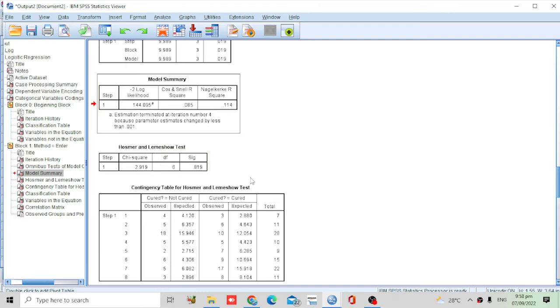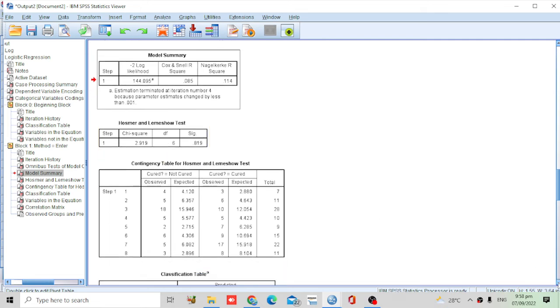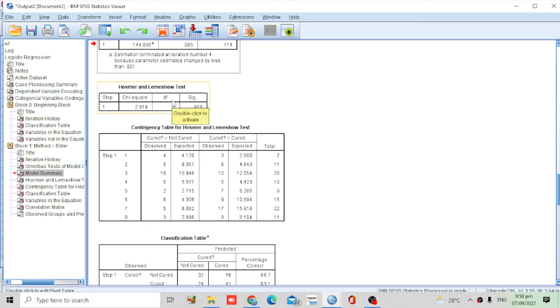So it's not bad. Maganda na siya, by improving yung final model.